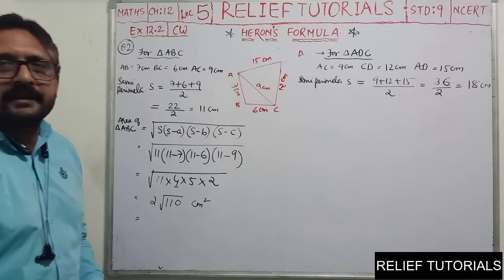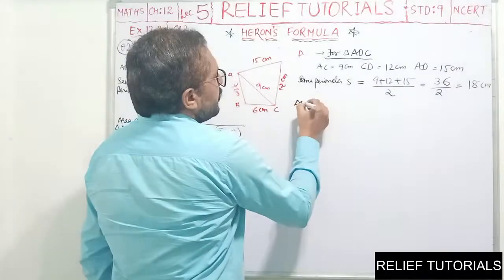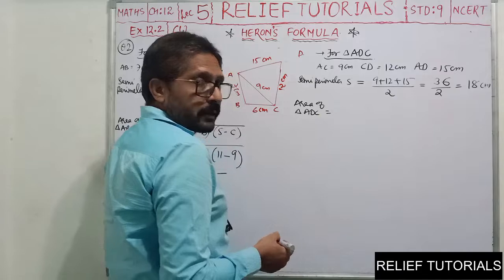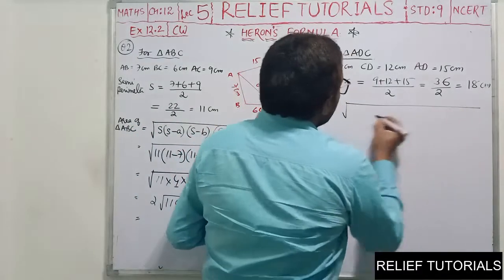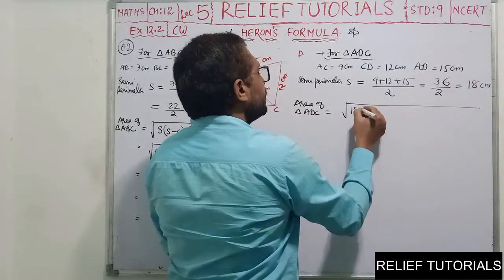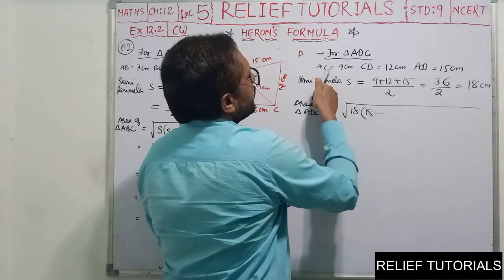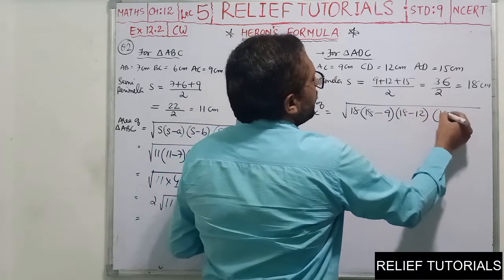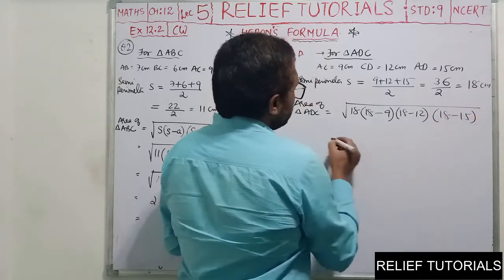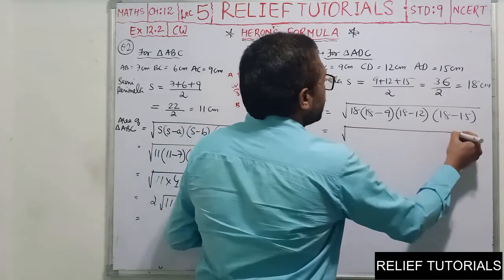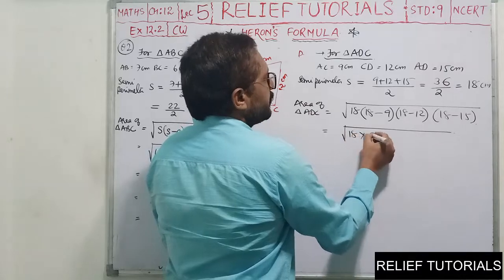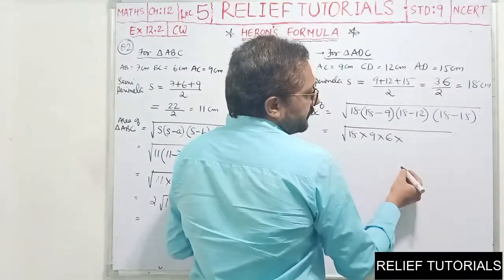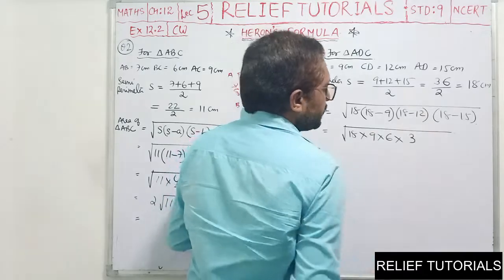Now you know how to find the area. Simple. So area of triangle ADC. I will not write the formula now. You know, under root of S. So S is 18. Now 18 minus one side, that is this 9. 18 minus 12. 18 minus 15. So you write 18, 9, 6, and 18 minus 15, 3.